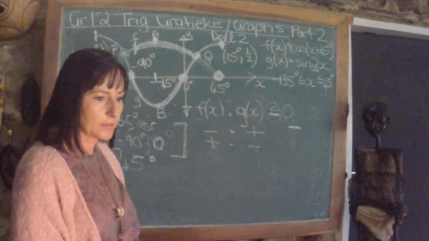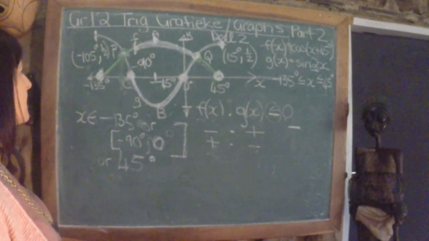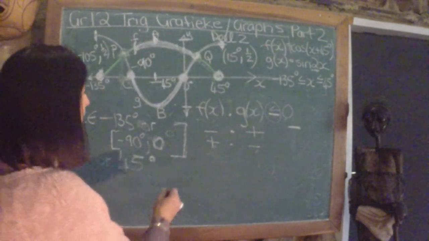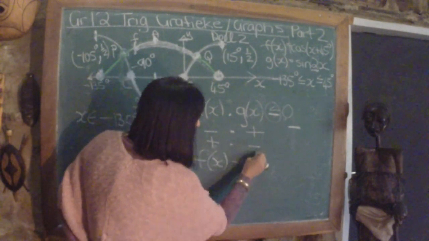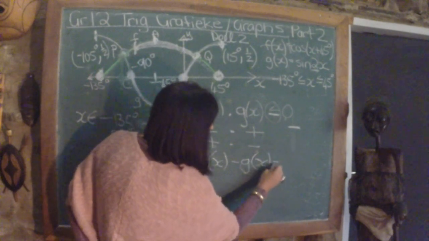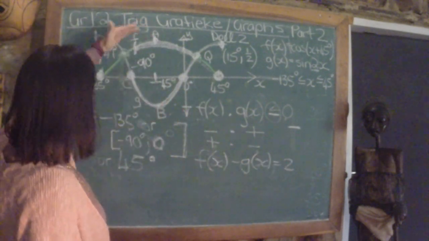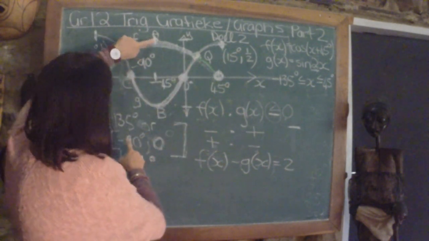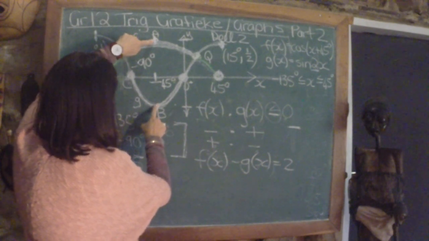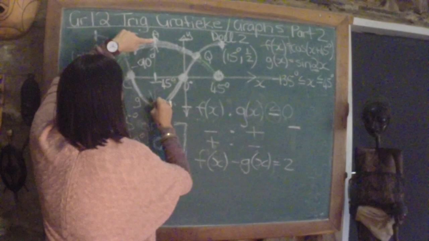Very important work. Another one that they ask, where's fx minus gx equals 2? Waar is fx minus gx gelyk aan 2? Dis 'n positiewe waarde, so fx moet aan die bokant lê. Hier is fx, waar lê hy bo? Daai stukkie. So as ek hom vat en ek trek g van hom af, dan soek ek daai afstand moet 2 wees.